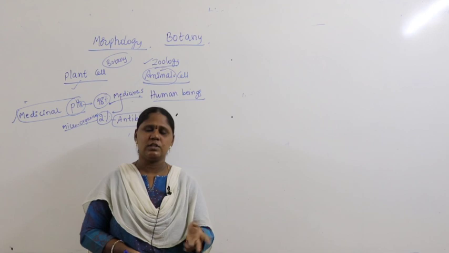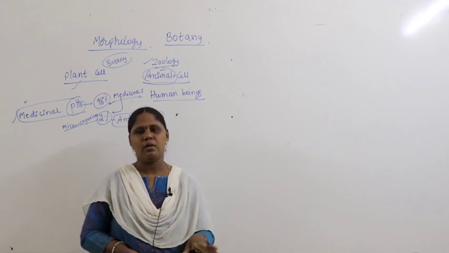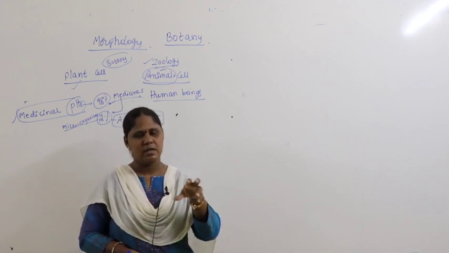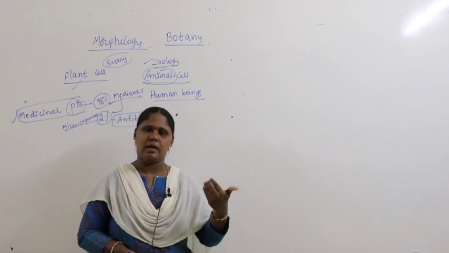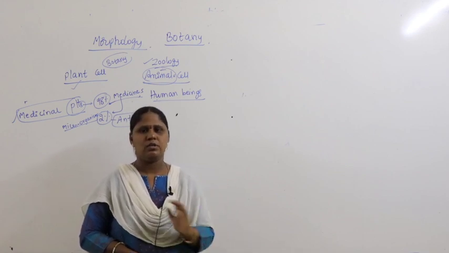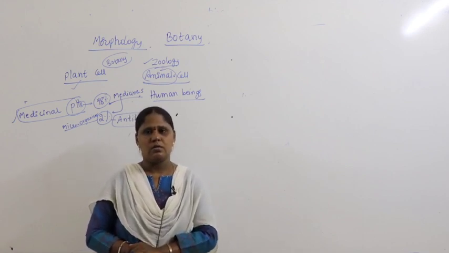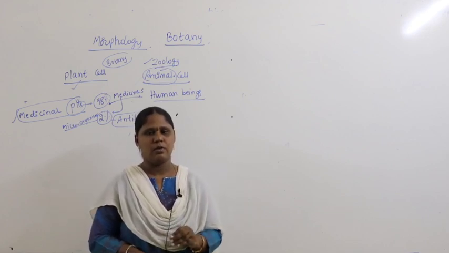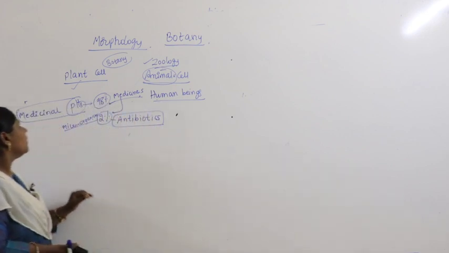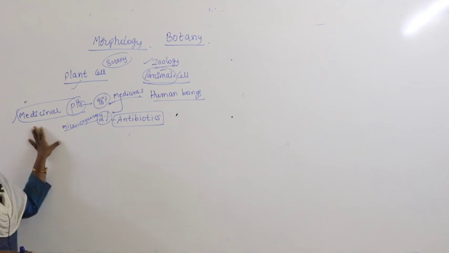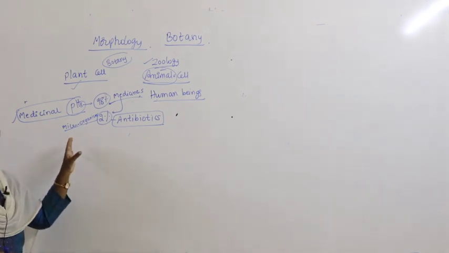So, botany and zoology, some of the topics will be very common. Continuation of one part we will study in botany, and continuation of the other part we will study in zoology, right. The main use of studying botany here is that we are going to study different types of medicinal plants, and the medicines being extracted from different parts.